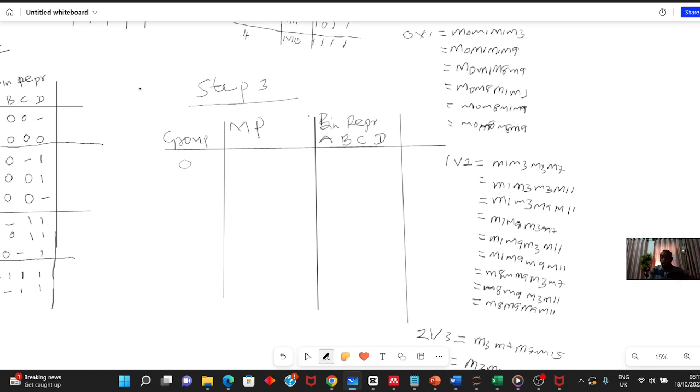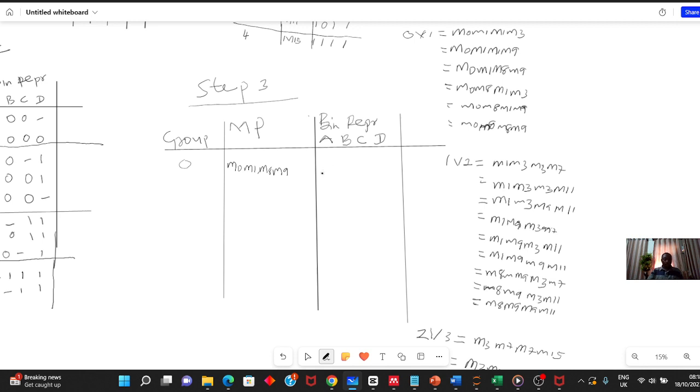Under the group of 0, if you do the match pairings, we are going to keep M0, M1, M8, M9, right?